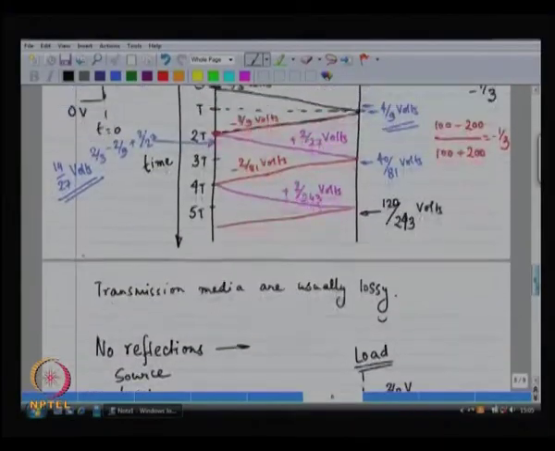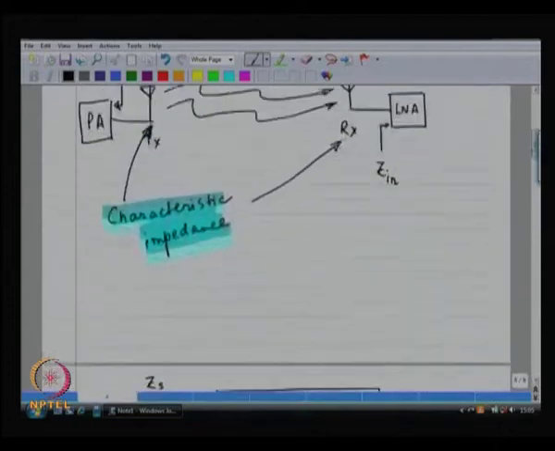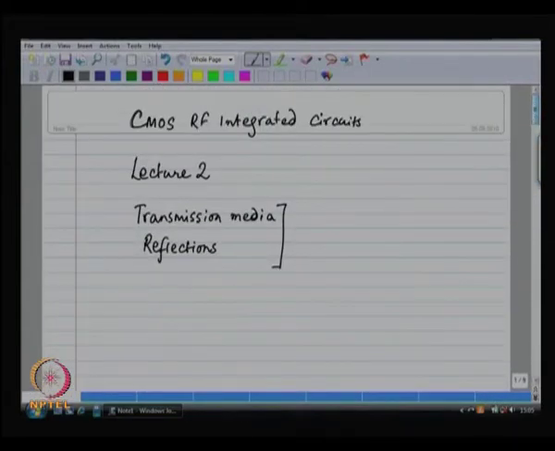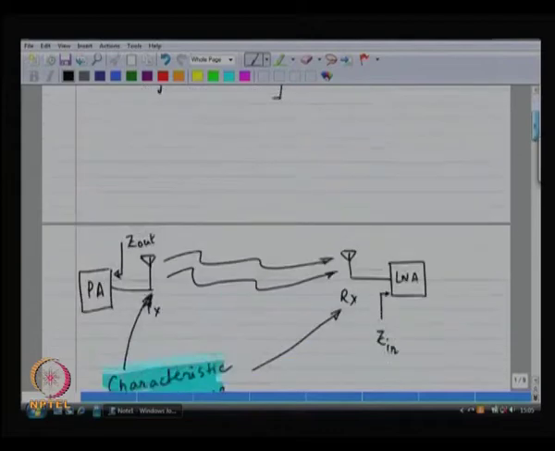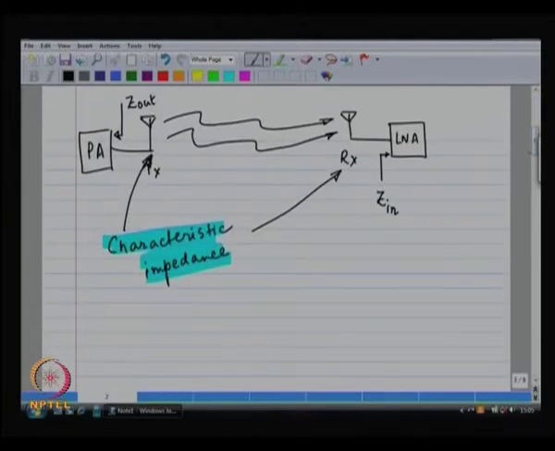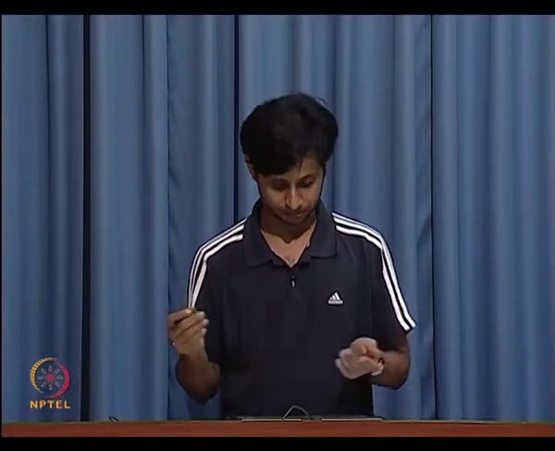All right. So, with this I am going to start summarizing what we have done in this class. Our objective was to study transmission media and to study reflections, and we understand that any transmission medium, whatever it is, an optic fiber, the atmosphere, an antenna, a waveguide, a coaxial cable, a piece of wire, whatever it is, it has a characteristic impedance.